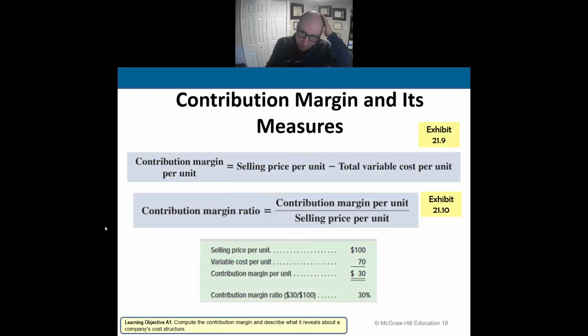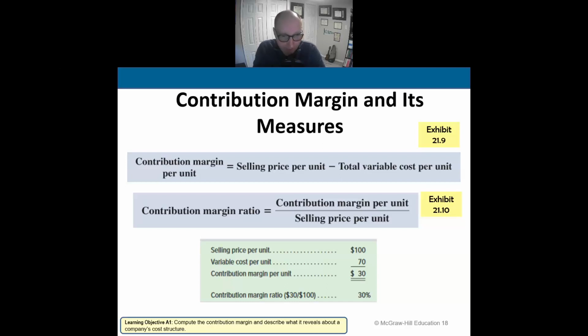Contribution margin is basically finding like the gross profit per unit. Contribution margin. It basically says, hey, we have the potential to make this much profit per unit.